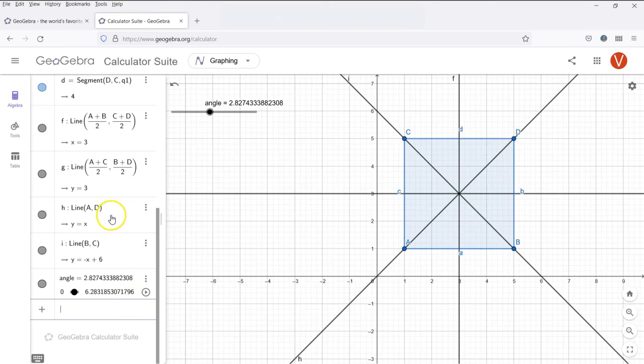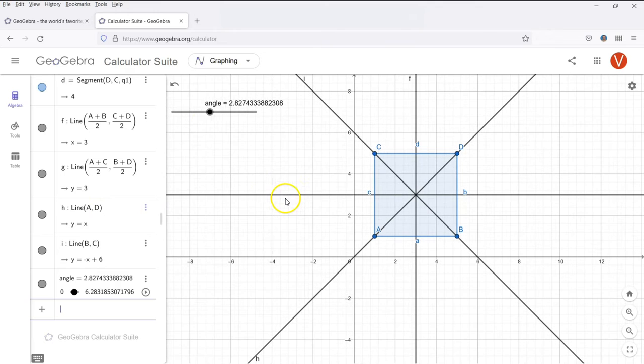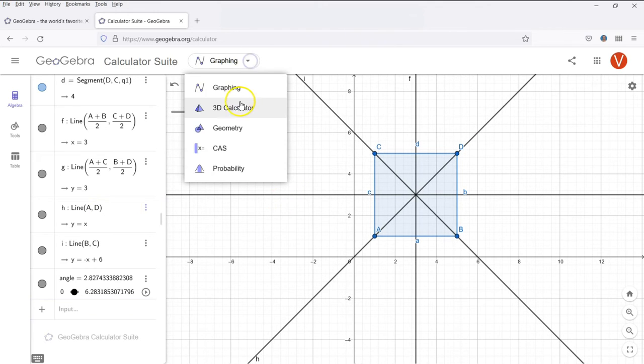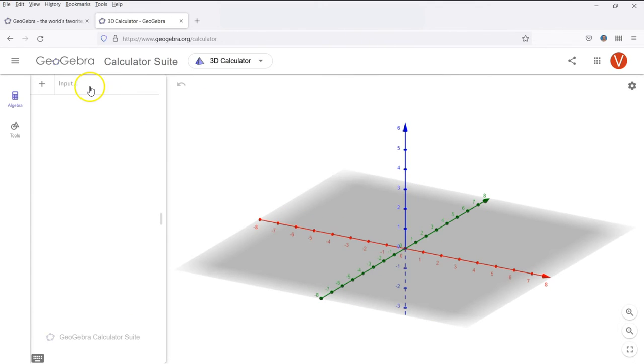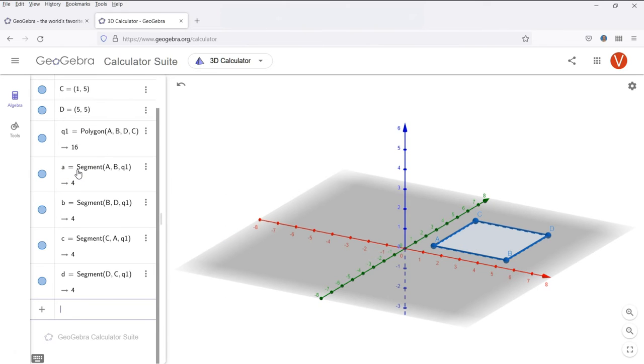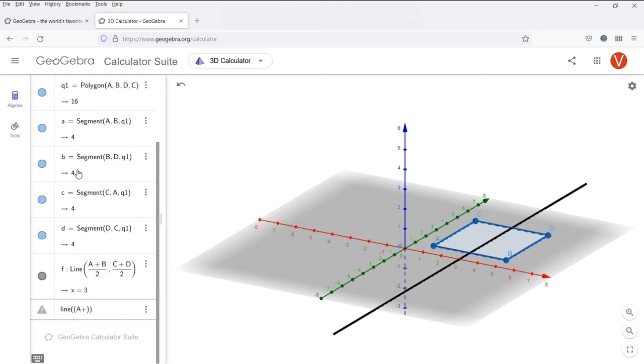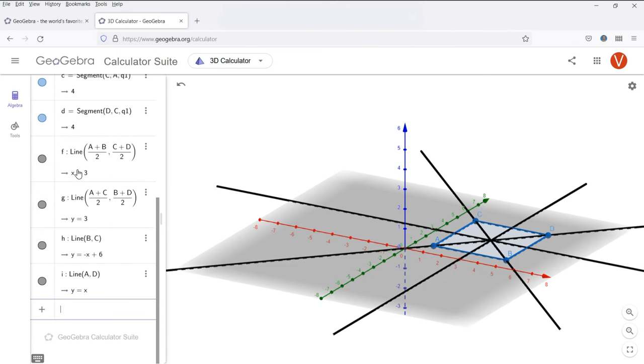So for that we need to go back to the 3D calculator. So let's go there, and unfortunately we'll have to type it again. Now let's not make all of them visible.